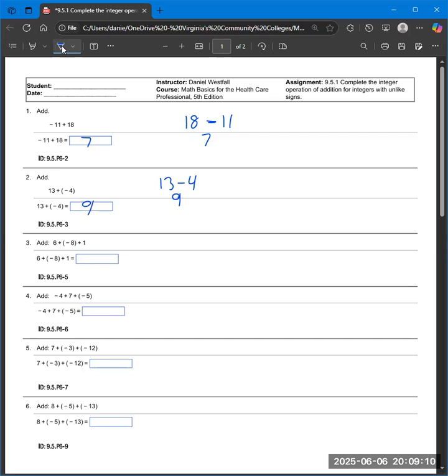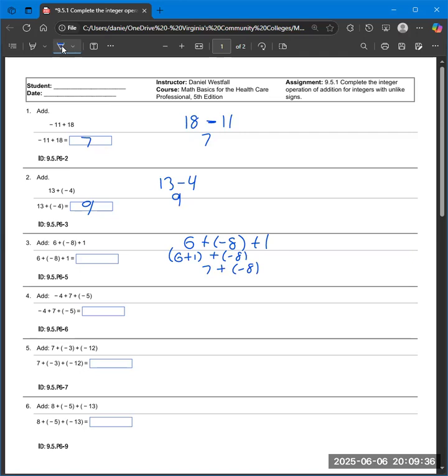Now we have more than one operation here. So let's look at 6 plus negative 8 plus 1. Let's add the things that are alike together first, 6 plus 1, and then we'll worry about the plus negative 8. So 7 plus a negative 8.